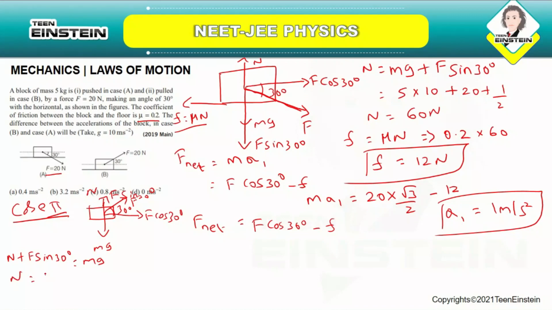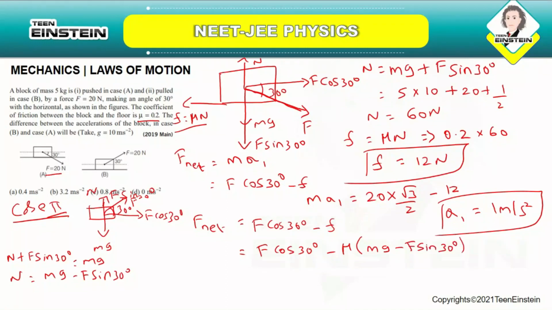So N will be equal to mg minus F sin 30 degree. This you are going to substitute here. So you will have it as F cos 30 degree minus mu into N, where mu N is mu into mg minus F sin 30 degree.